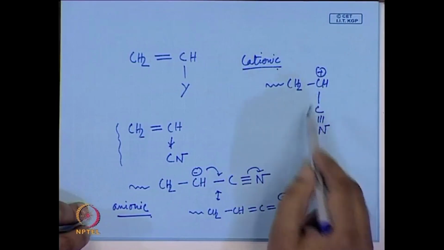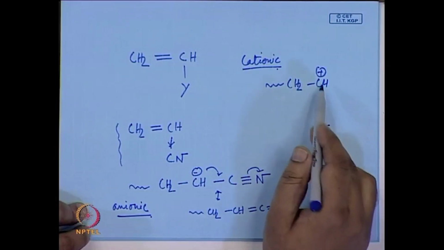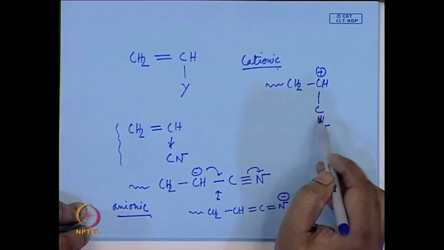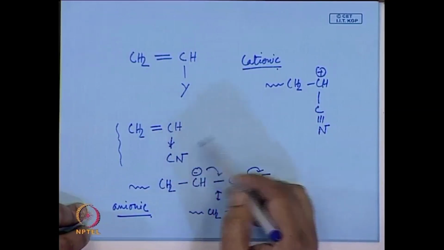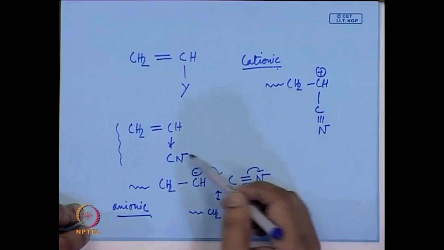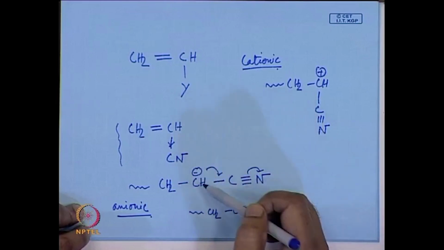Now, this will not be stabilized by these substituents. So, these monomers will not undergo a cationic polymerization, it will only undergo anionic polymerization.